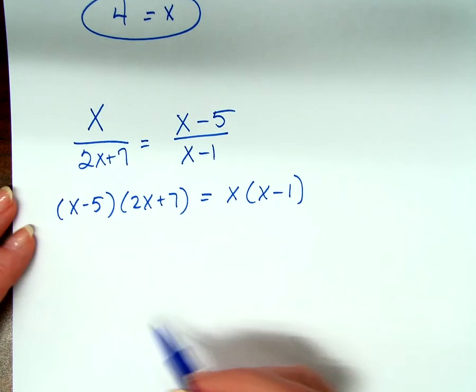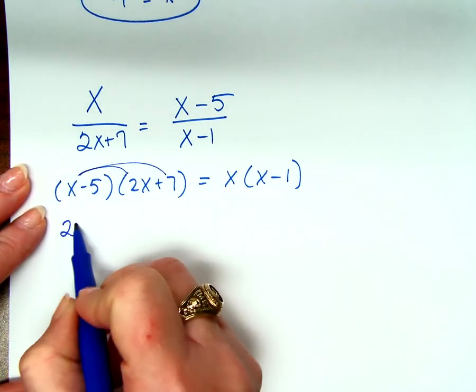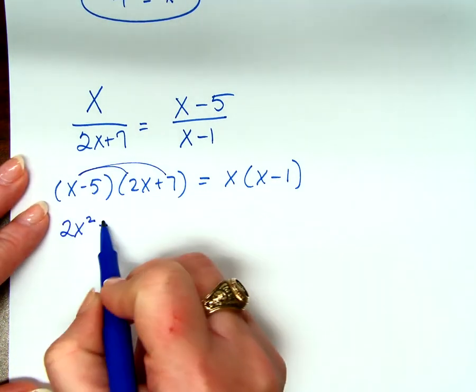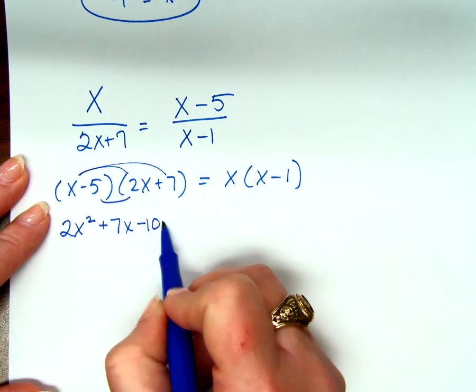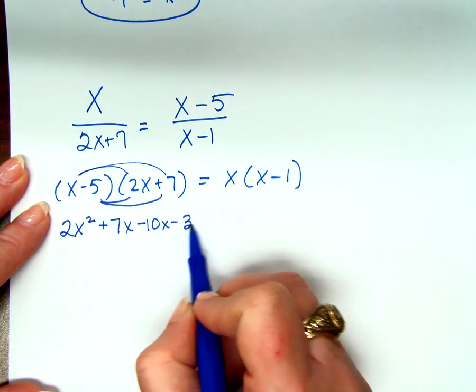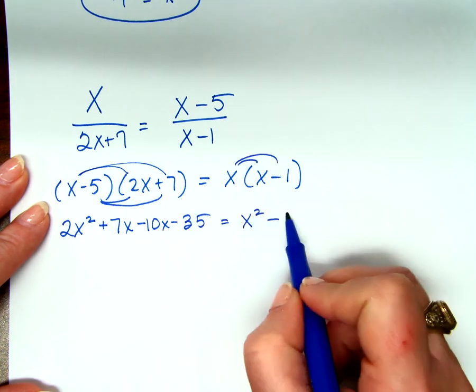Okay, let's keep on going with this problem then. So 2x squared plus 7x minus 10x minus 35 equals x squared minus x.